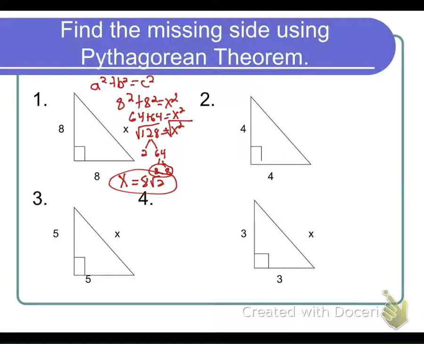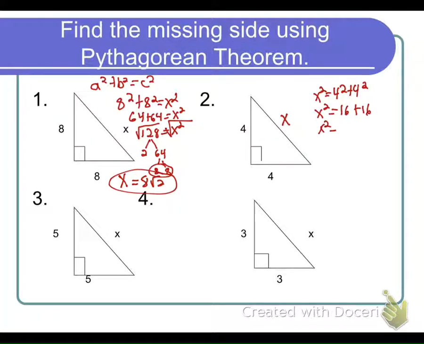Okay, now we see here it doesn't have an x, but we're solving for it anyway. So let's take a second, see if we can get to where he got. You end up with x squared equals 4 squared plus 4 squared. We end up with x squared equals 16 plus 16.